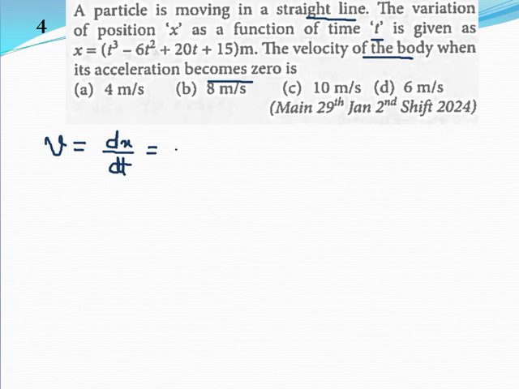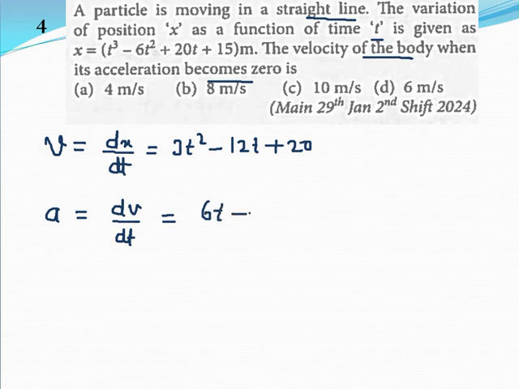If we differentiate 3t square minus 12t plus 20 one more time, we get the acceleration, dv by dt, which is 6t minus 12. Making the acceleration 0, we get the time instant where the acceleration becomes 0, which is equal to 2 seconds.